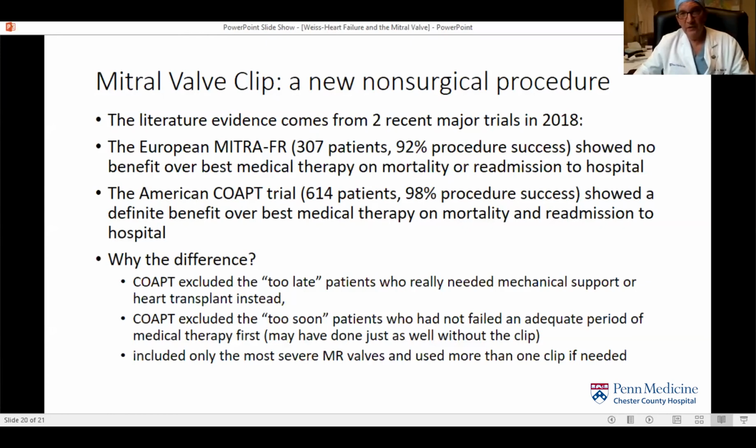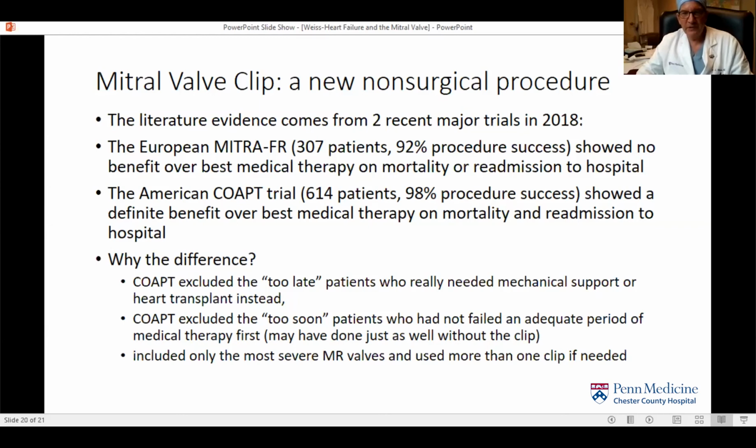And here's where I'm really hoping the math professor will give me a second before he gets mad. The 2 studies both came out almost the same time in 2018. The first was this European MITRA-FR study, which had 307 patients, and 92% of the time they were successful at reducing the mitral regurgitation with a single clip.